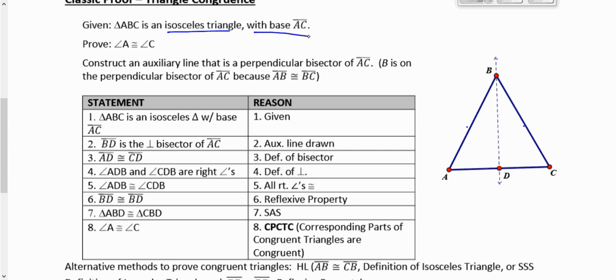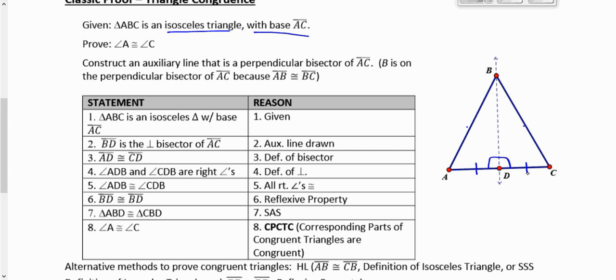So that means we've got right angles, congruent, because we know what perpendicular bisectors do, okay? And now they state that, don't they? They say that AD is now congruent to DC. What's the reason? It's a bisector. Okay, so remember, when you have a perpendicular bisector, you have two things, right? You have a perpendicular line, and you have a segment bisector, right?